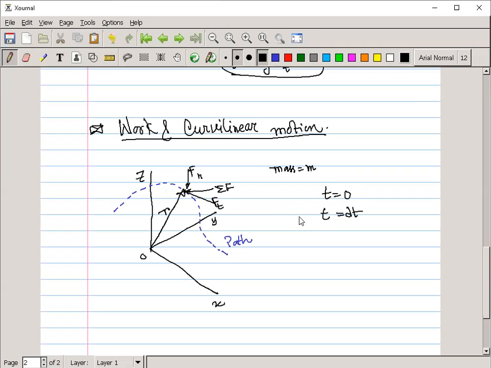Suppose the particle initially is here, this is your s1, and after time t it moves along this path and comes to this position, and you write it has a displacement s2.